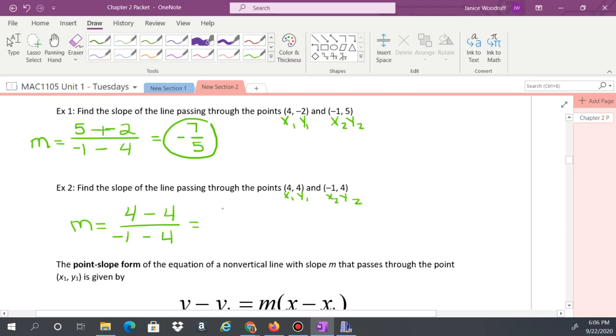So here you get 4 minus 4 is 0, negative 1 minus 4, negative 5. 0 divided by negative 5 is 0. So the slope is 0. Does anybody remember what type of line that is? It is a horizontal line.